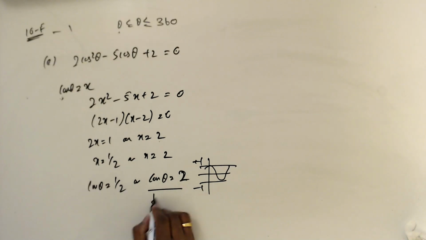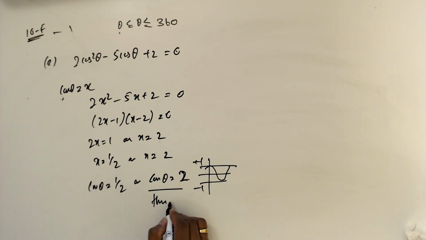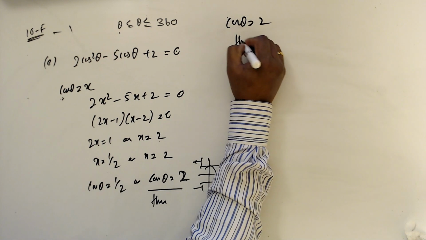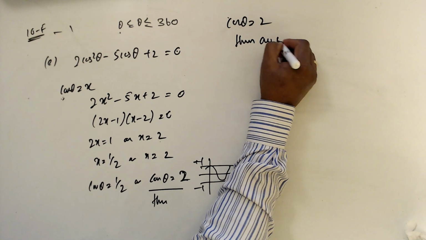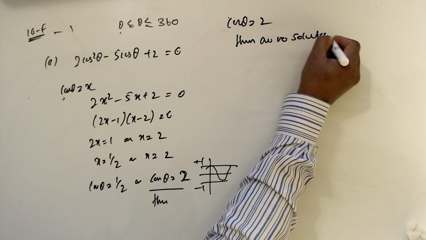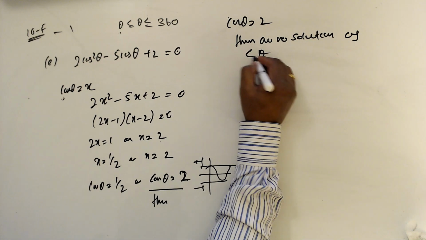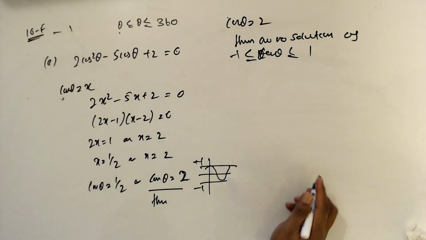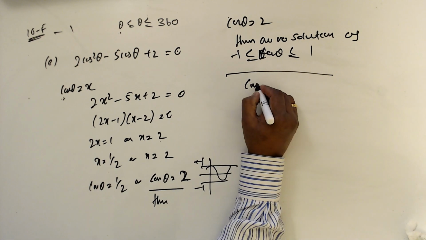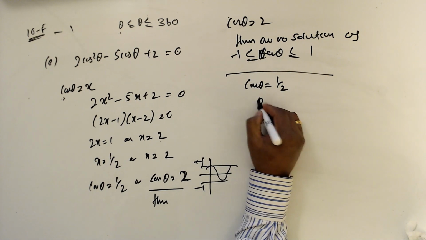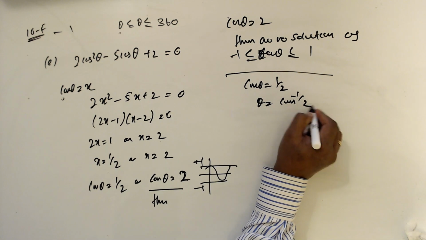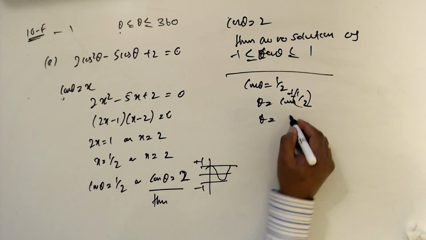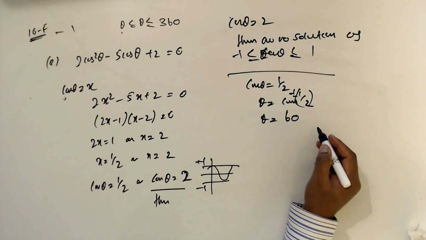It means for cos theta equals 2, there are no solutions, as cos theta varies from minus 1 to 1. But for the other one, cos theta equals half, we have a solution. Theta equals cos inverse half. So theta is going to be 60.